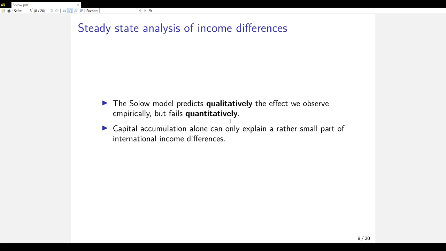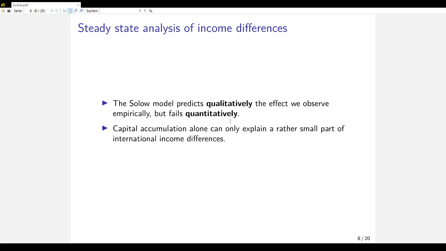For example, one such extension was in the Mankiw, Romer, and Weil model, the consideration of human capital, so that there is not only raw labor that matters for production, but actually the education of people also matters quite a lot. And of course, there are differences in education across countries. We will see later on in another video that when we introduce differences in education, they can also explain a part of the income differences across countries.